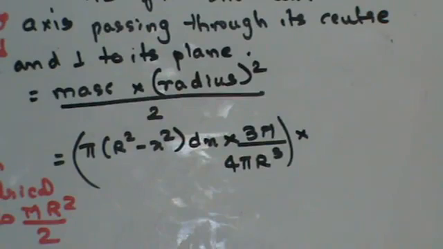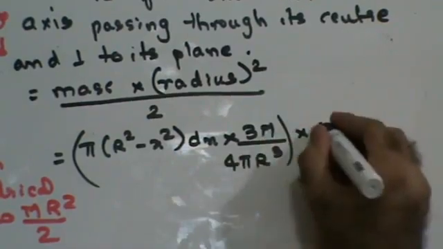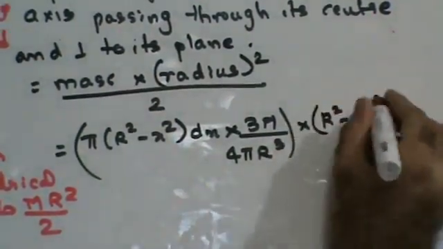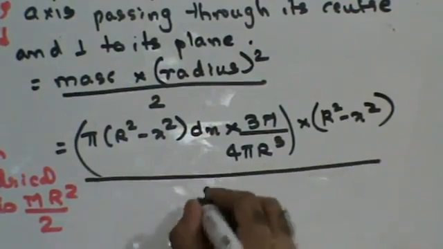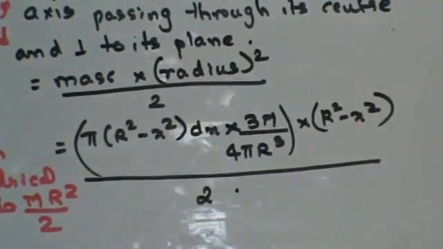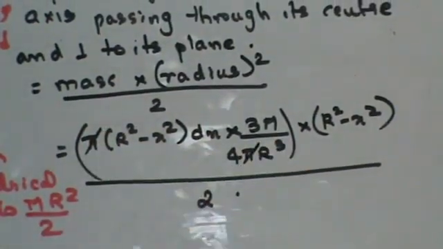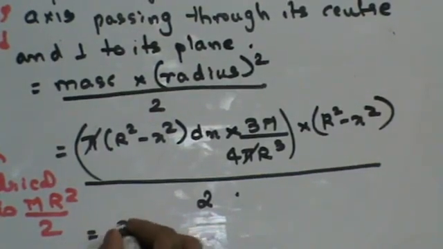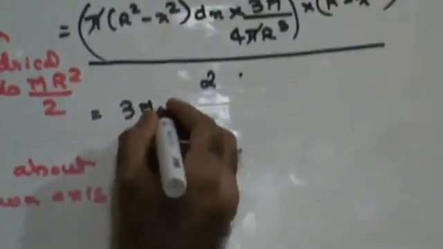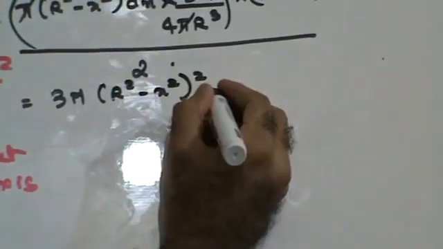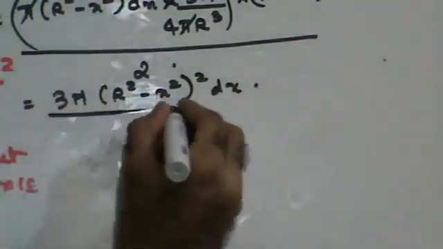Radius of the slice we had already found out is nothing but square root of r square minus x square, so the square will be r square minus x square, upon 2. Now pi and pi would get cancelled, right? So in that case you will get this as 3m times r square minus x square the whole square dx upon 8 r cube.